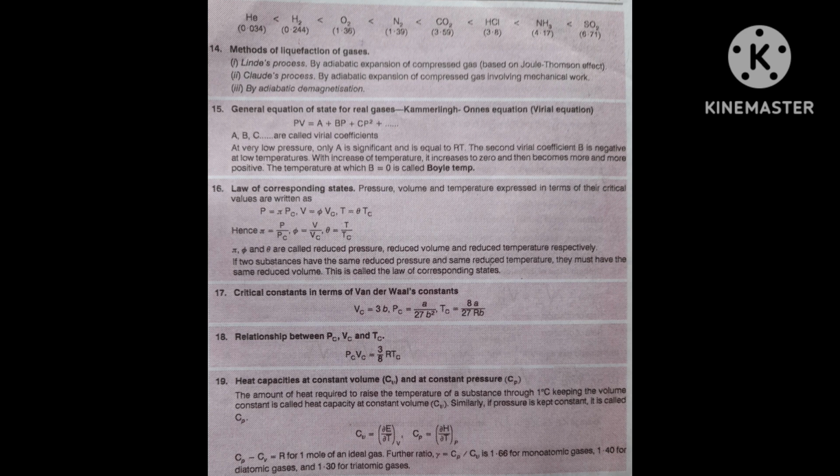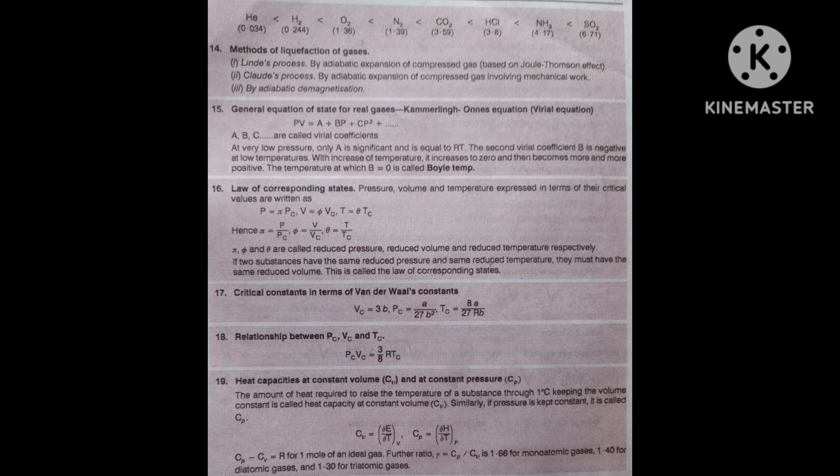Now next term I am going to discuss: critical constants in terms of van der Waals constants. Here critical constant means Vc, Pc and Tc. These are asked in examination.